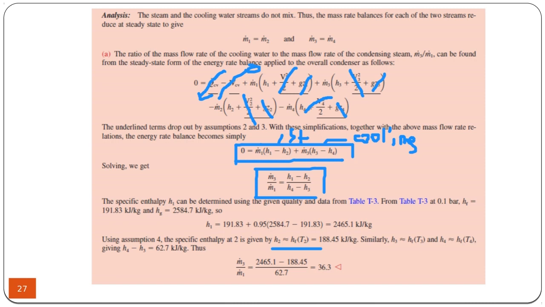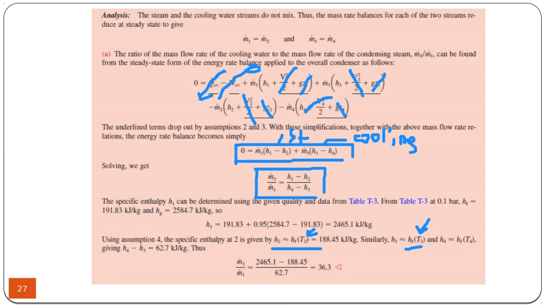And similarly, the enthalpy of the water, cooling water, exiting the system can be approximated as the enthalpy of the saturated liquid at this given temperature.